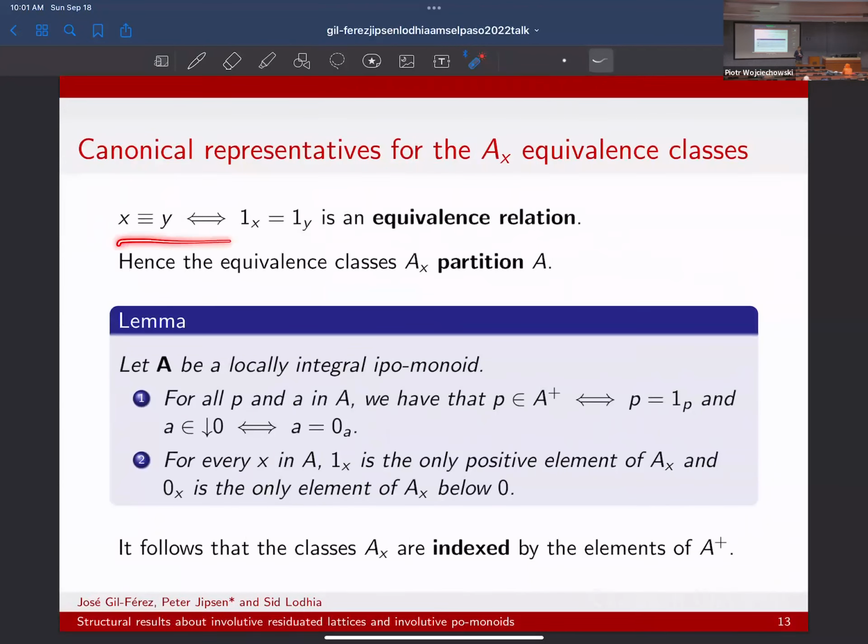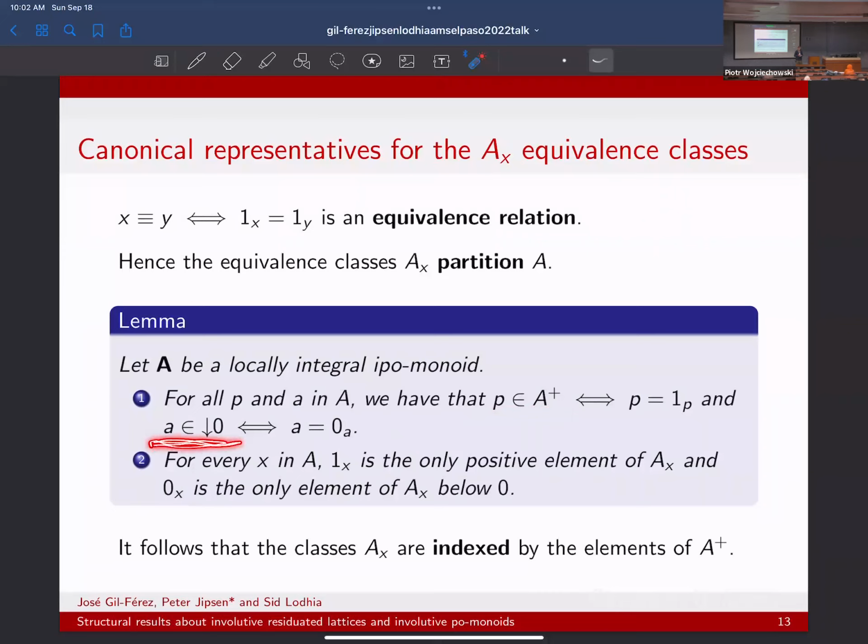Now, this is here again explaining that the A sub x partition the algebra A, and the A will be a locally integral IPO monoid. So, sorry, if we start with 1, then for all positive elements of A, the positive element will be equal to its local identity always, and this is actually a characterization of when you are positive.